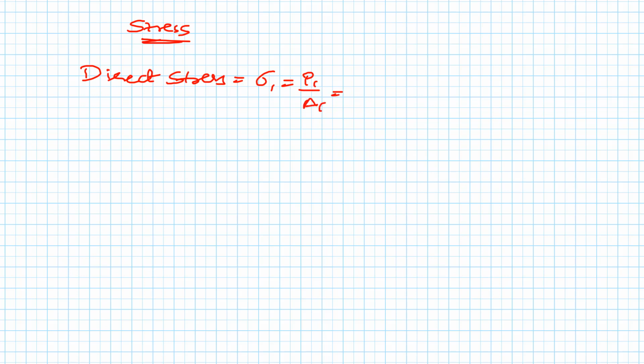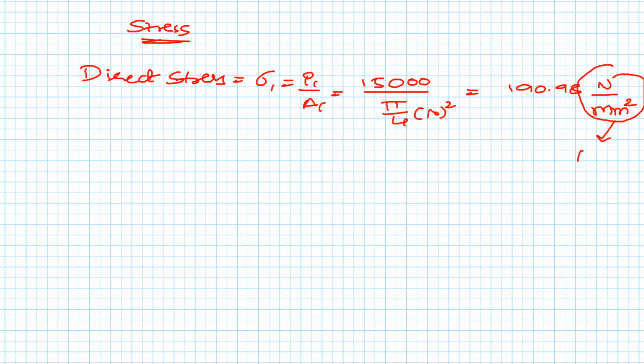The first one is 15,000 for steel, and the area is pi by 4 d square, which will give the answer of 190.98 Newton per mm square. As you know, Newton per mm square is equal to megapascal, right? So 190.98 megapascal.